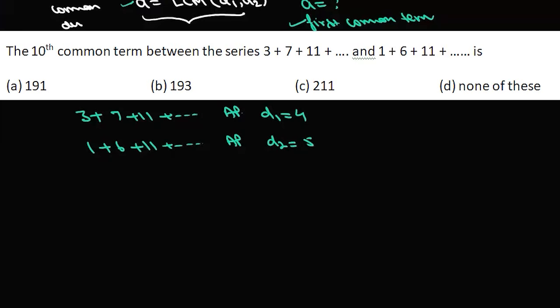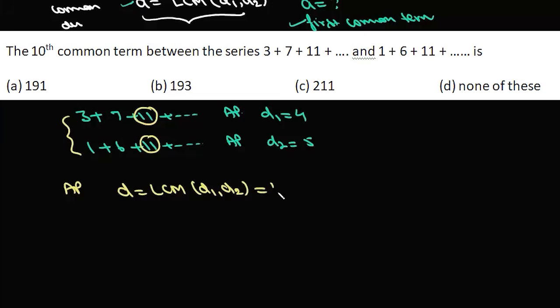Now the terms which are common to both the series, they'll form an AP whose common difference will be given by LCM of D1, D2. So it will be LCM of 5 and 4, and LCM of 5 and 4 is 20. And from observation, we know that its first common term is 11.